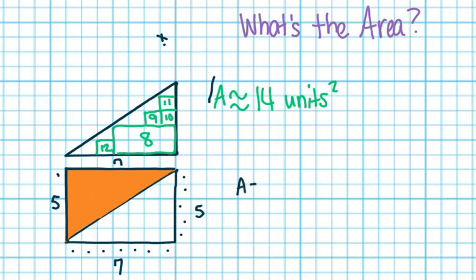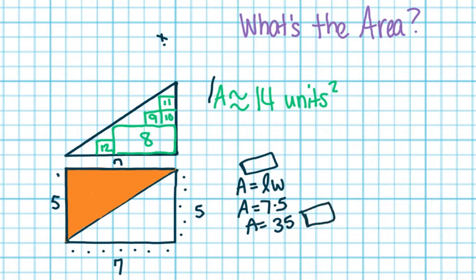So if I know the area of the rectangle, length times width, 7 times 5, then I know the rectangle area is 35. Thus, the triangle, which I made a rectangle by doubling, I would need to halve this area for the area of the triangle.